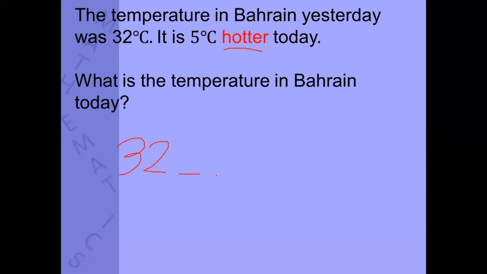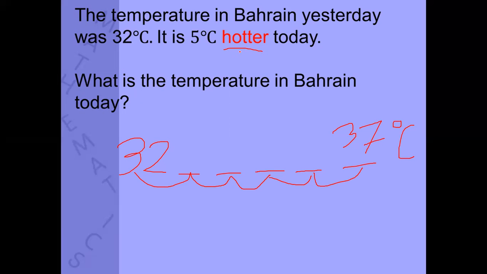1, 2, 3, 4, and 5. So what will be this number? Let's count. 32, 33, 34, 35, 36, 37. So the new temperature in Bahrain now is 37 degrees Celsius.